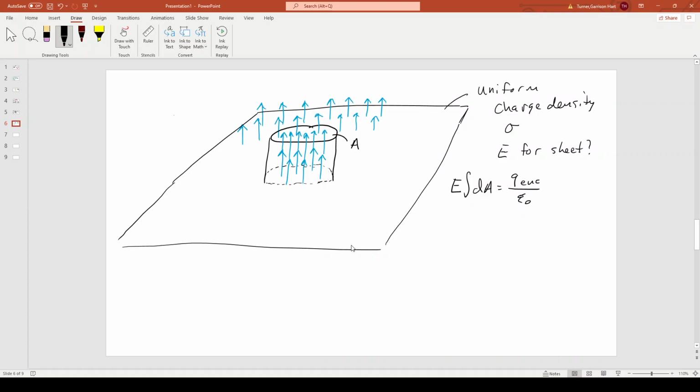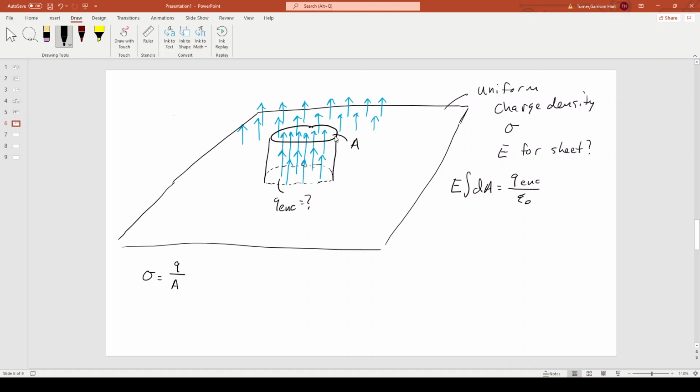So now we've already made progress. But now what charge is enclosed? What is Q enclosed? Well, remember sigma, surface charge, is equal to charge per unit area.